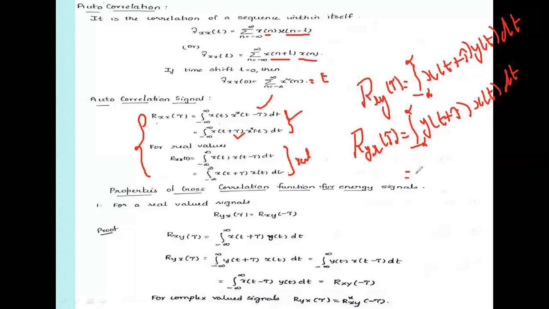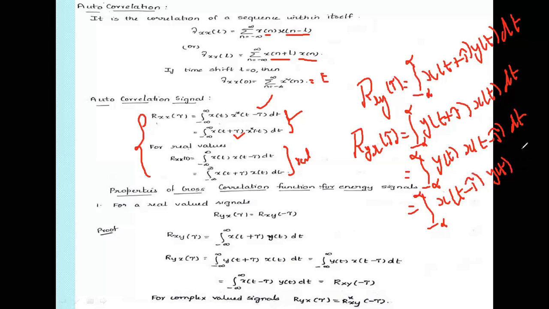Or otherwise, if I am taking y of t, the integral from minus infinity to infinity, you can shift it with the delay function, t minus tau dt. You can use this also. Or otherwise, the integral from minus infinity to infinity of x of t minus tau into y of t dt. All the functions are the same.